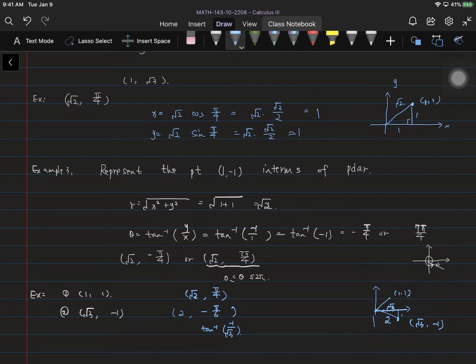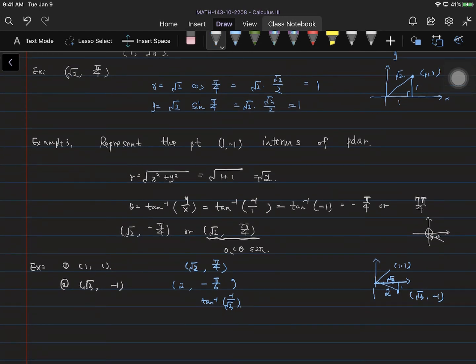Now let's take a look at example 4. We're going to change an equation in polar to Cartesian. Find a polar equation for the circle. What circle?